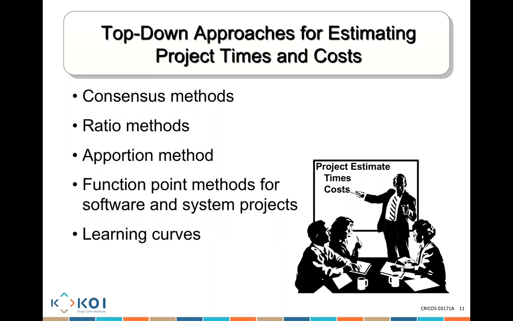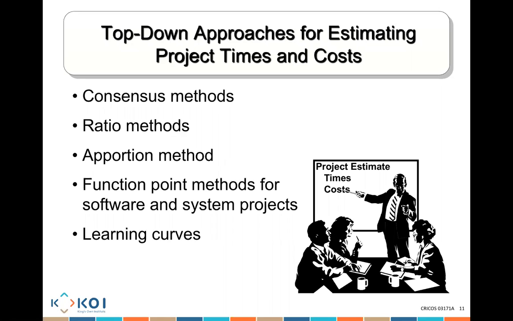If the whole project will cost me $1 million, and hardware is only 30%, that means the hardware is going to cost me $300,000. If my software is 40% and my database is 40%, that means my database will cost me $400,000 and my hardware is going to cost me $500,000. That's what we call the apportion method. We divide that high estimate into very specific small portions.